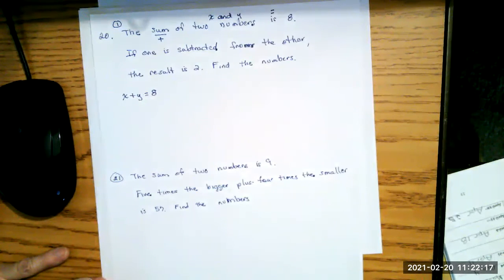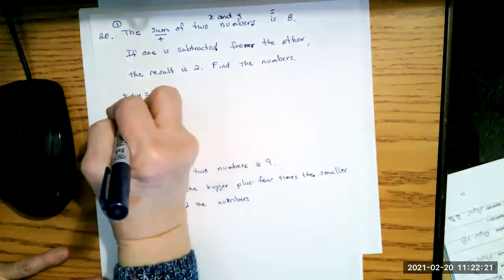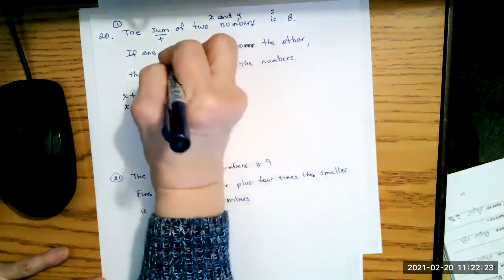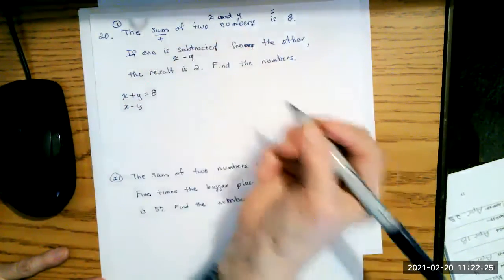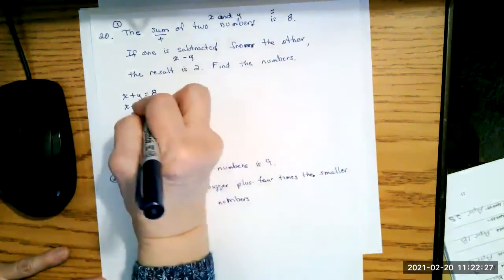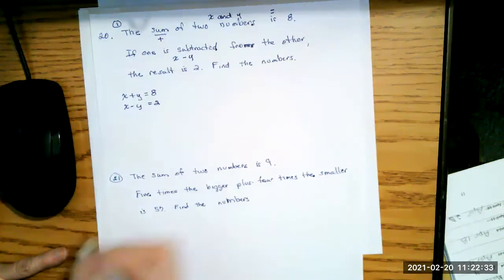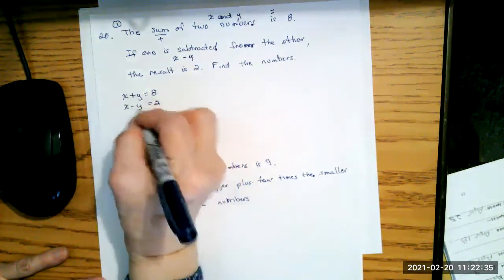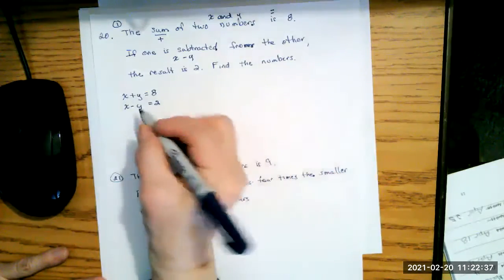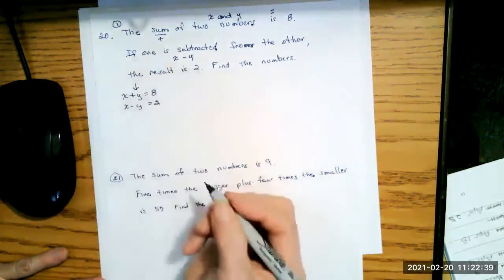The second one says if one is subtracted from the other, so we're just going to do x minus y. The result is 2. So our second equation is x minus y equals 2. Now, I don't have to multiply by anything because I can see that the y's will eliminate.